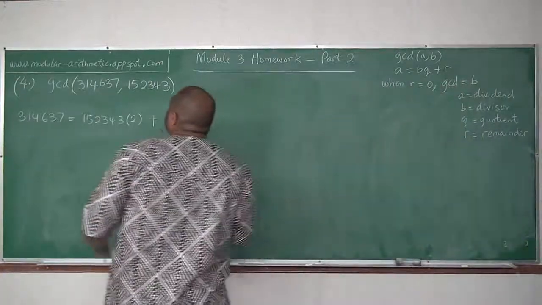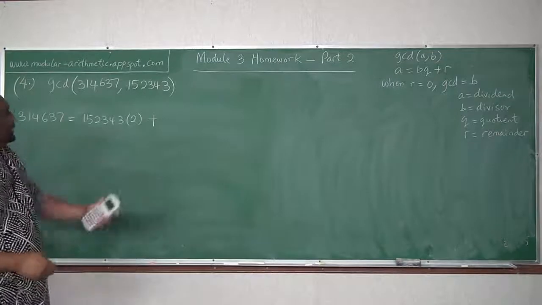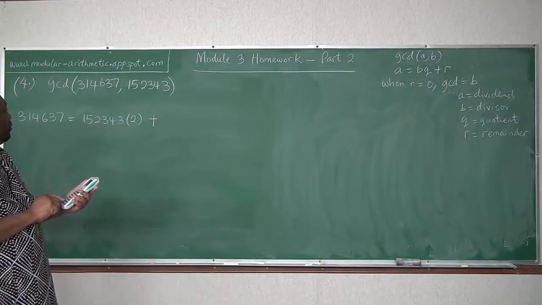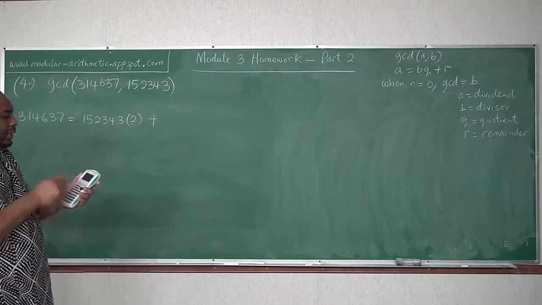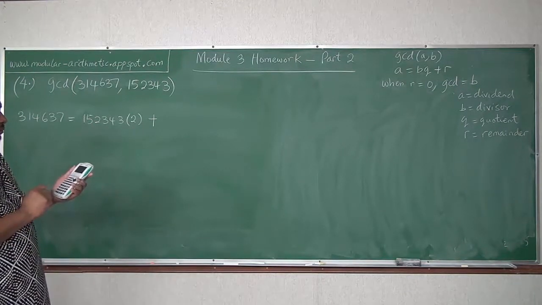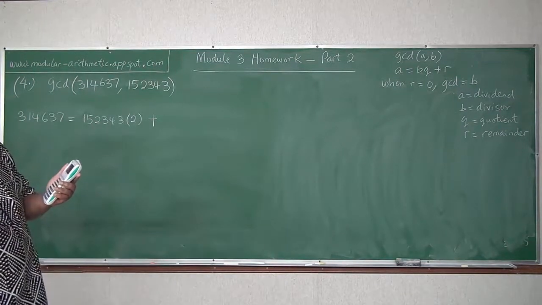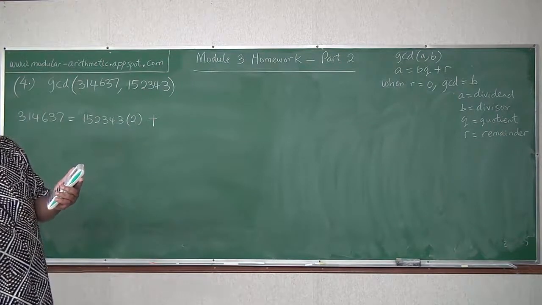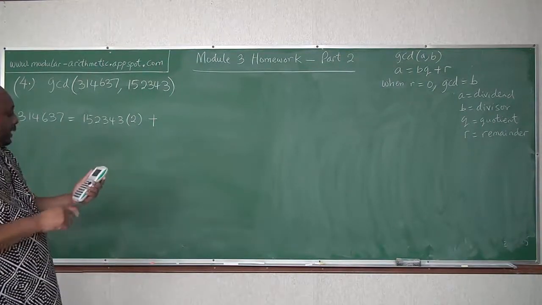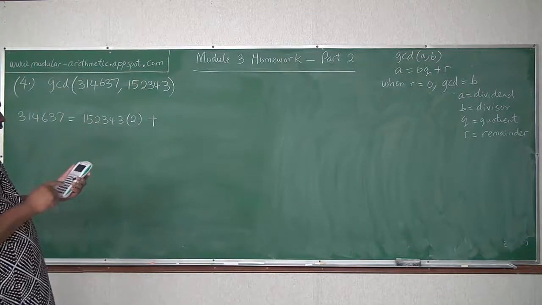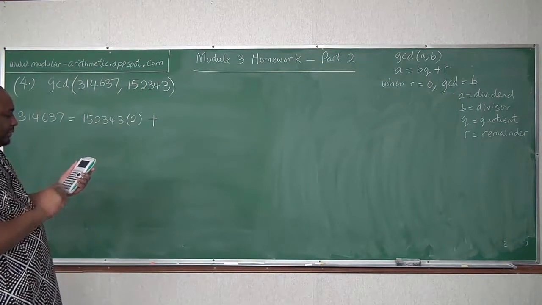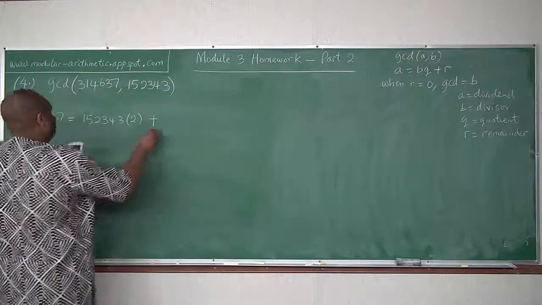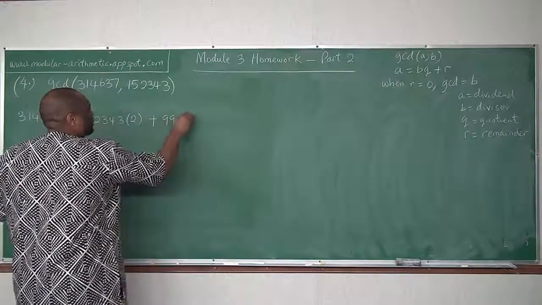So 152,343 times 2 gives us 304,686. We subtract it from 314,637, and that is 9951.